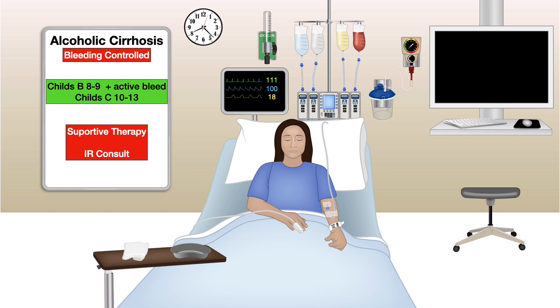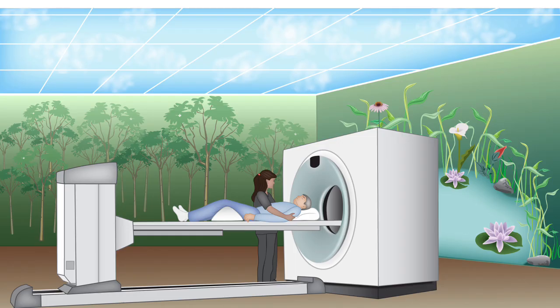To do that, the IR physician or interventional radiologist will ask for a Doppler to look at the patency of the hepatic vein, portal vein, and make sure there's no liver cancer, and also get a CT scan of the abdomen to get a view of the vasculature so that they could study how to put the stent.